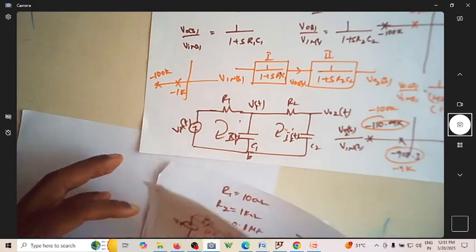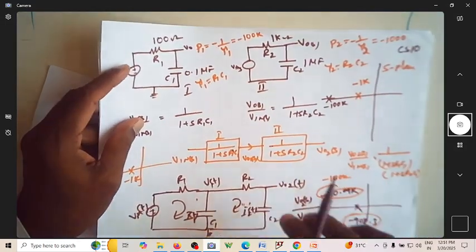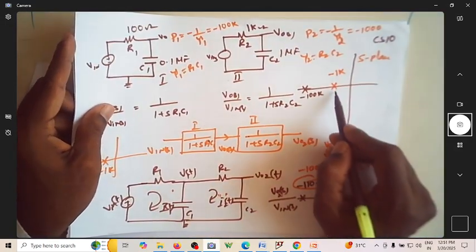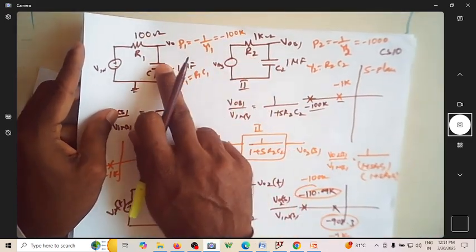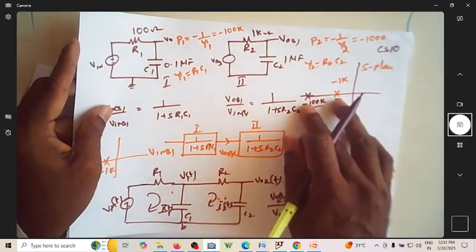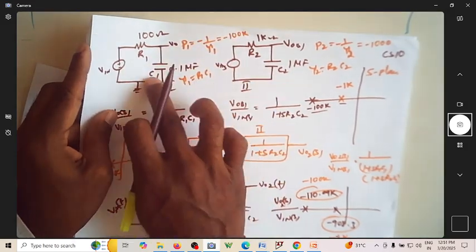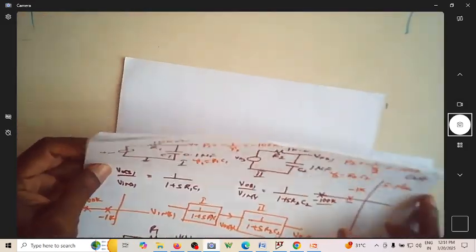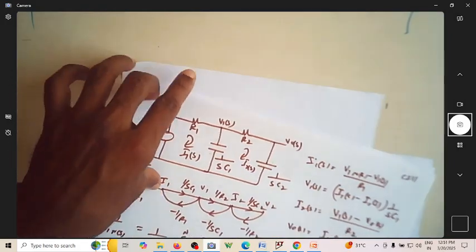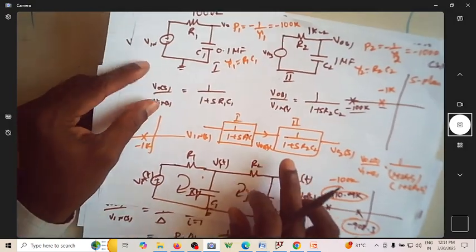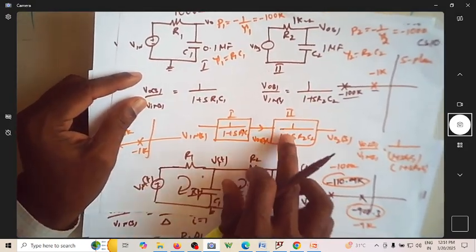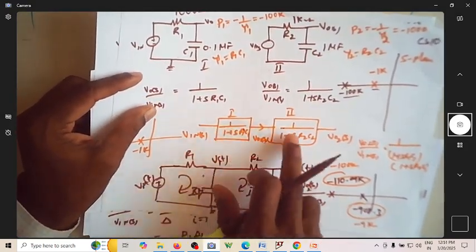This way we are able to see the impact of loading on the pole position. The pole positions were supposed to be here and here. They were not there when you simply connected, but they were there at these two positions when you put a buffer in between the two circuits. So whenever we write block diagrams like this and cascade, we always ensure that this block is not loading this, or any block is not loading the other block.